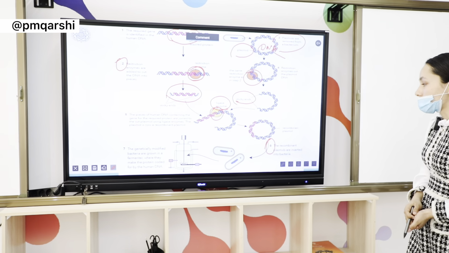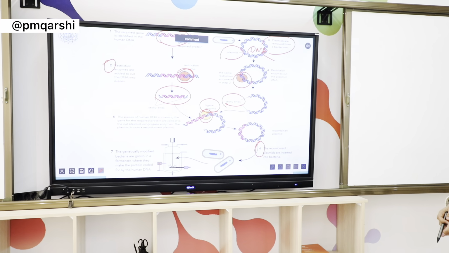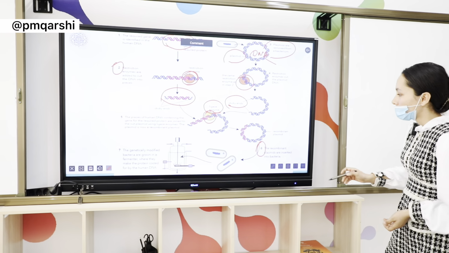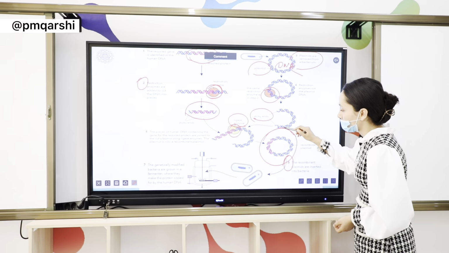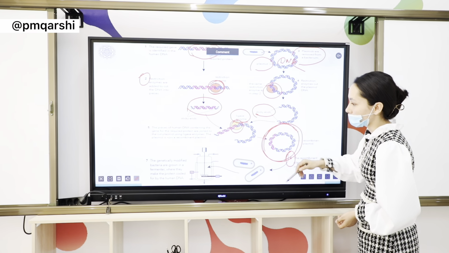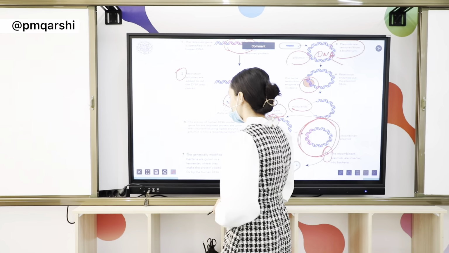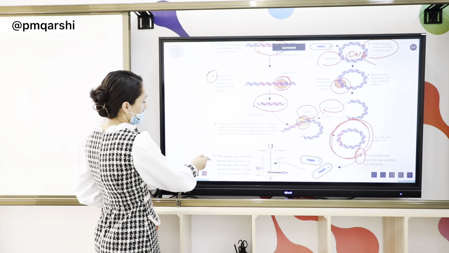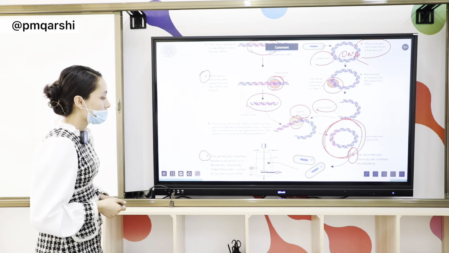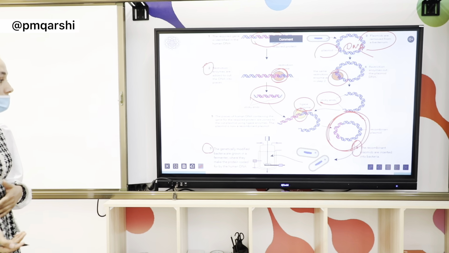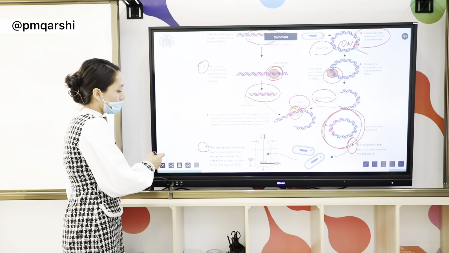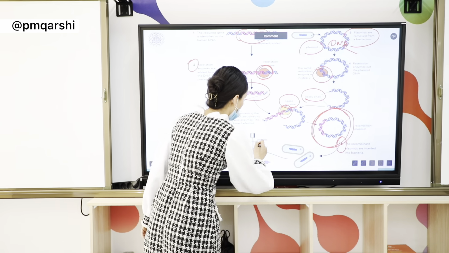Sixth step, the recombinant plasmid is inserted into bacteria. This is called a recombinant plasmid. Next step, the genetically modified bacteria are grown in a fermenter, where they make the protein coded for by the human DNA.